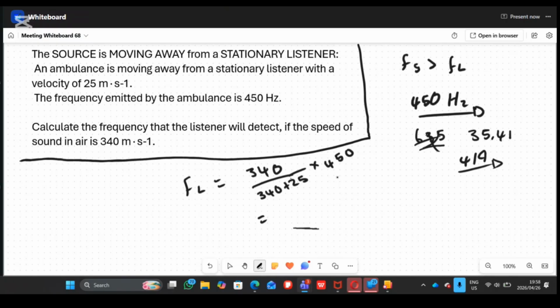Yeah, this is what you needed to do, because when it is moving away, we said we add. When it moves away, we just add there. So it's 340 multiplied by... Yeah, I got the same answer now. I've now got it fixed. It's 419.1718. Oh yeah, okay, it's 490.18.